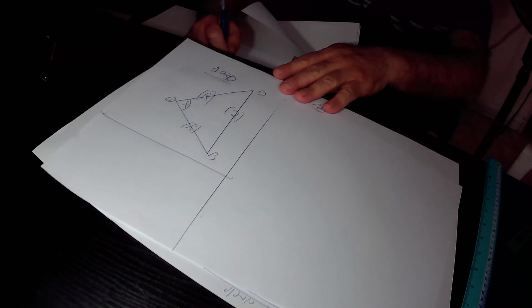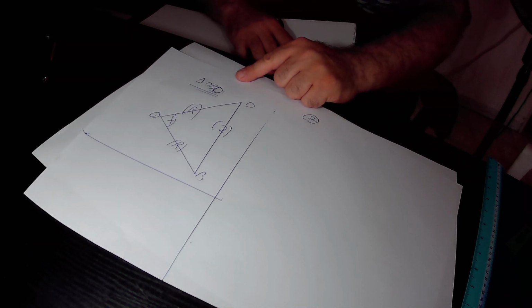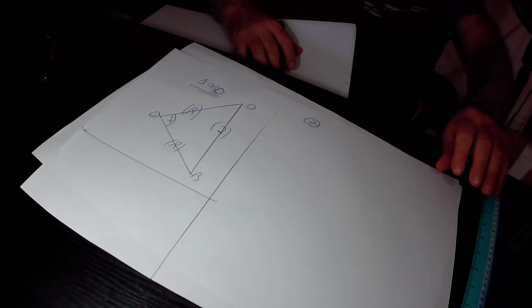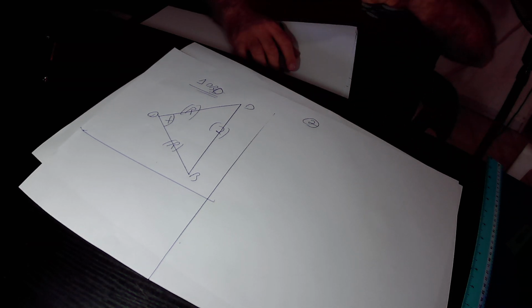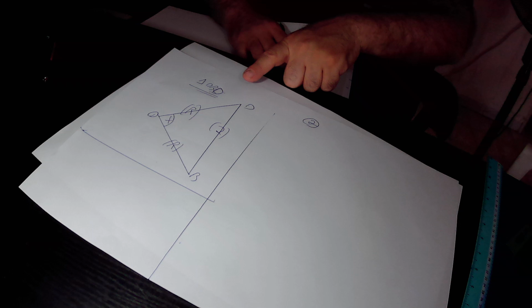So actually, this is triangle OBD that is copied from the original drawing. The next step, we will implement the law of cosines in this triangle OBD.